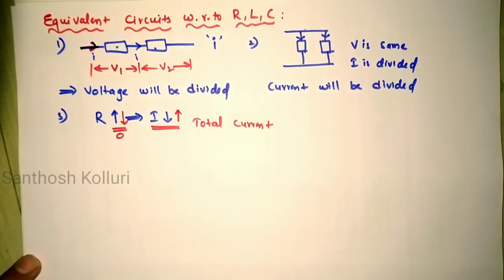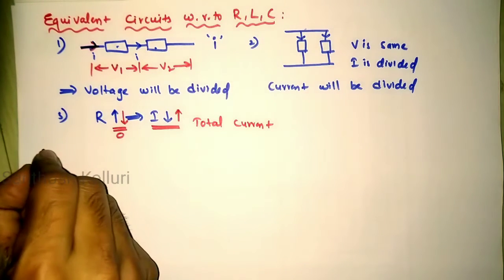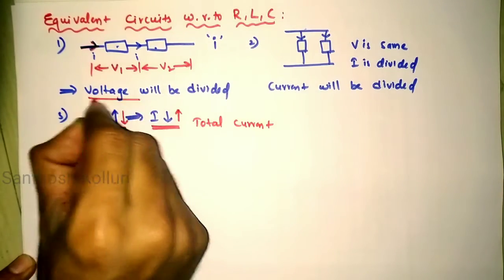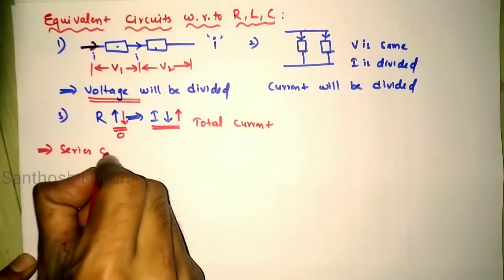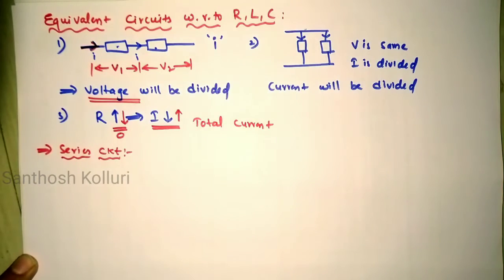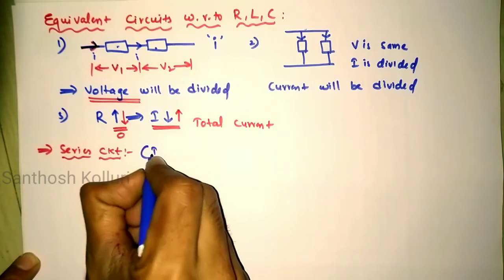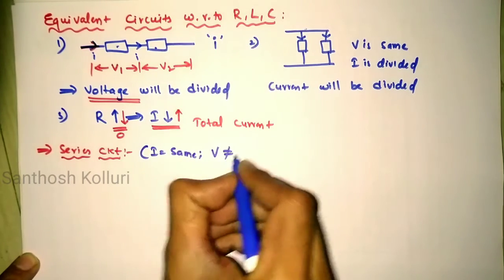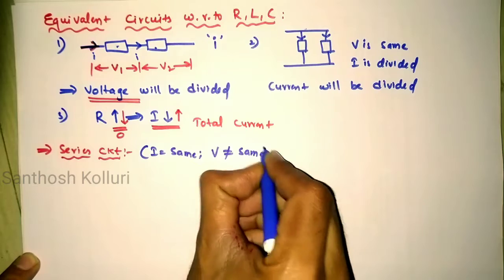We'll see first of all a series circuit. In the series circuit, we can derive the voltage division principle, because in the series circuit, current flowing through the elements is the same, but the voltage is not the same across the elements.